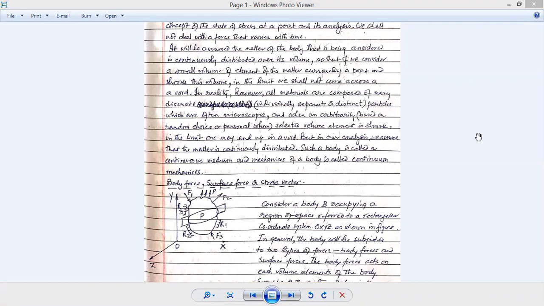In order to do so, we have taken the help of vector calculus. So far we have taken into account only the values of stress, strain, distance, length, etc. But now we are finding out what the vectors and what the scalars are.